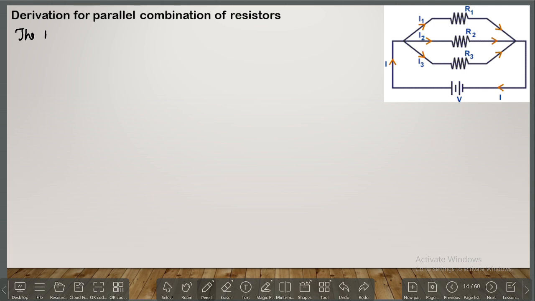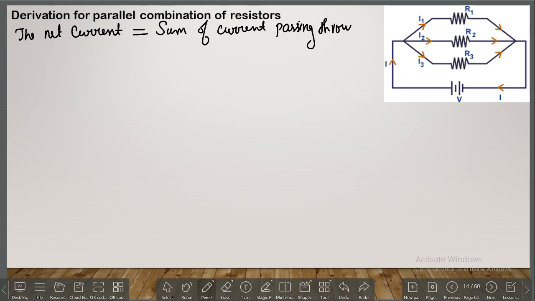Then I can say that the net current passing through the circuit is equal to the sum of current passing through each resistor.